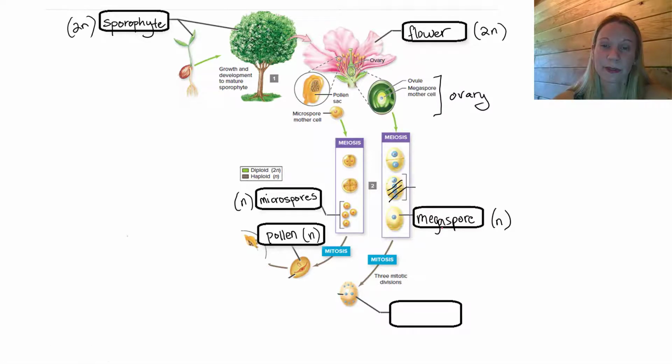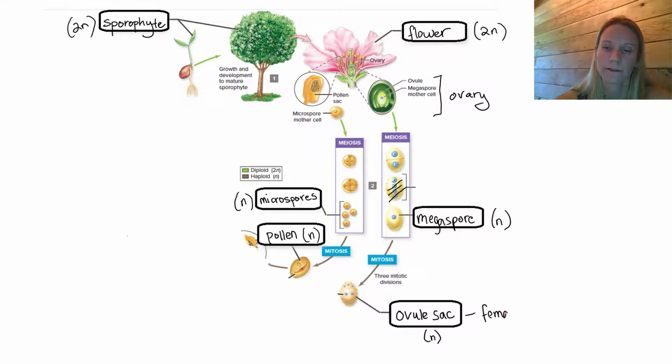All right, the megaspore undergoes 3 mitotic divisions. That means as a result of 3 mitotic divisions, we end up with 8 cells. And they're all packaged in this little area here we call the female gametophyte, which is also known as the ovule sac, which is haploid.